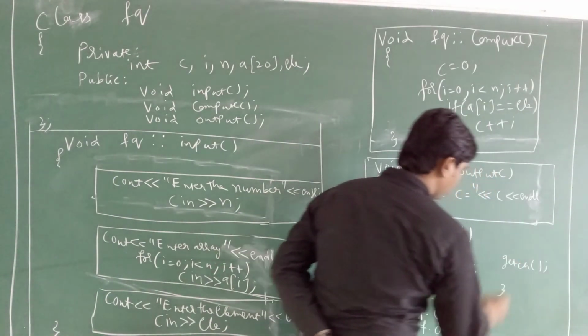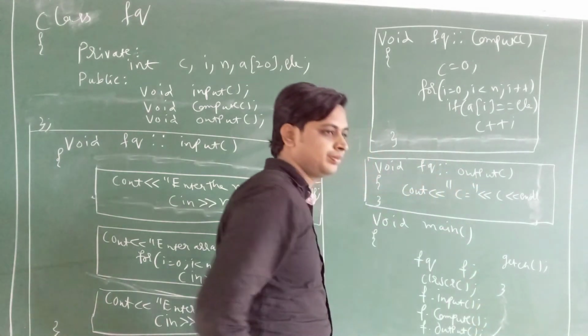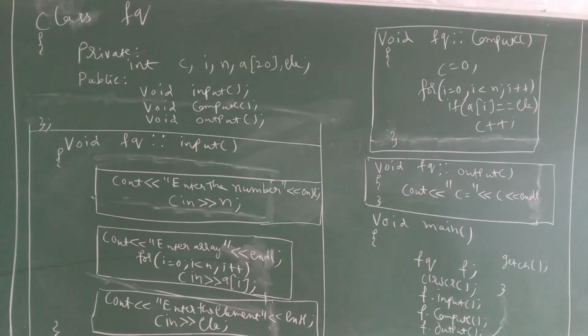After that, getch and close after this one. Okay, you have to write it down. Clear? In the main function you have to create an object of FQ, then clrscr, f dot input, f dot compute, f dot output.